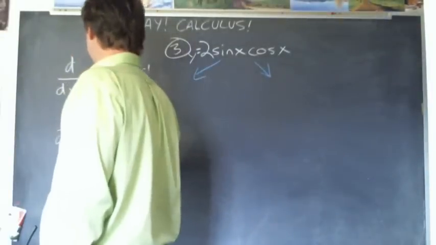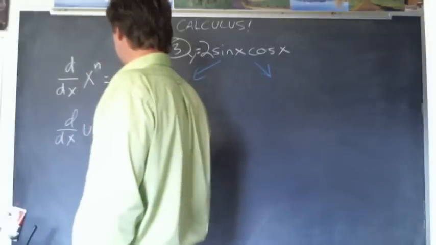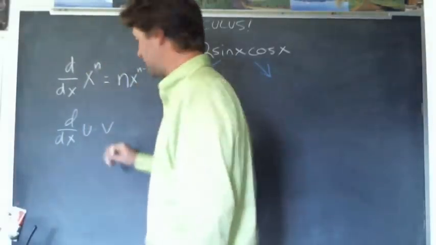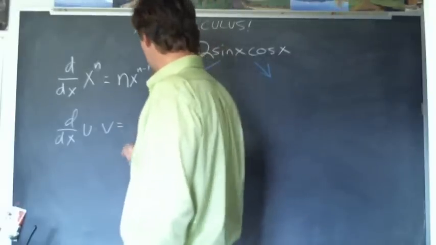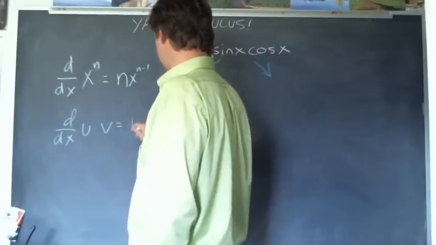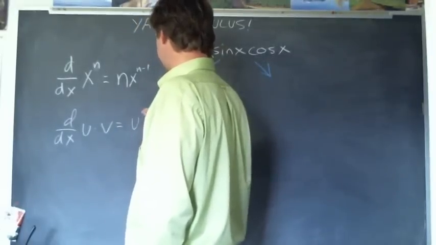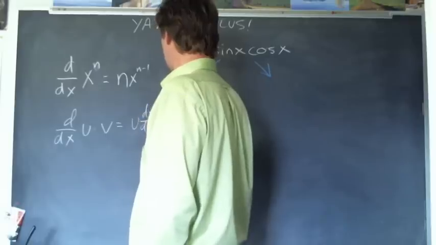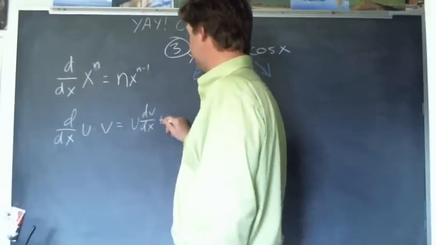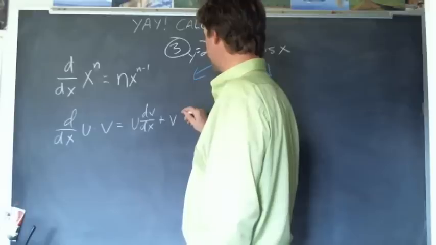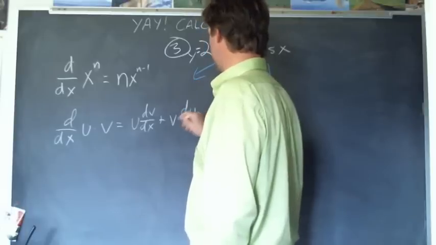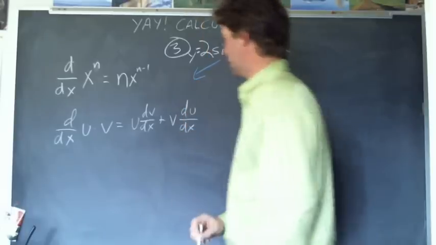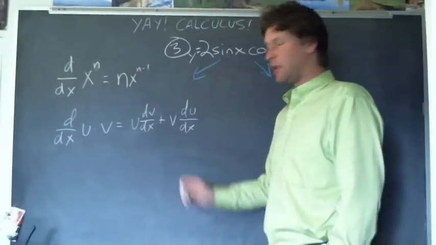The derivative of two functions, u and v, or f of x, g of x, is going to be the first times the derivative of the second, plus the second times the derivative of the first. That's the product rule.